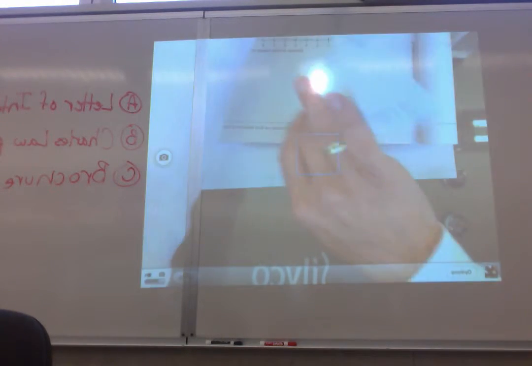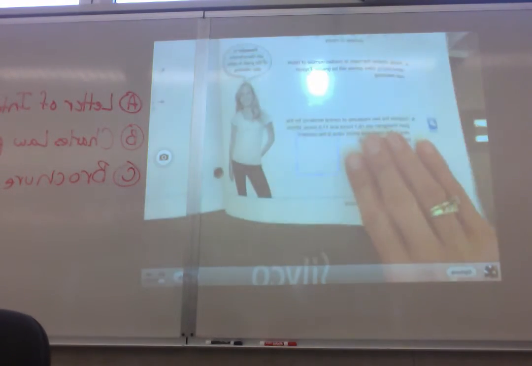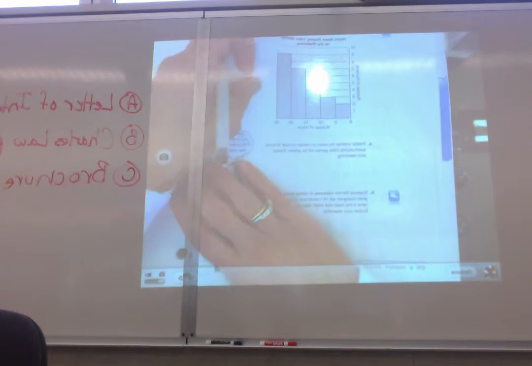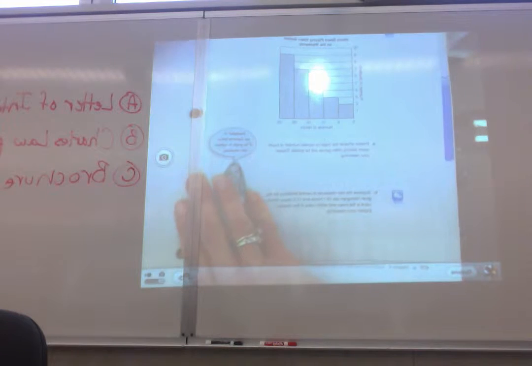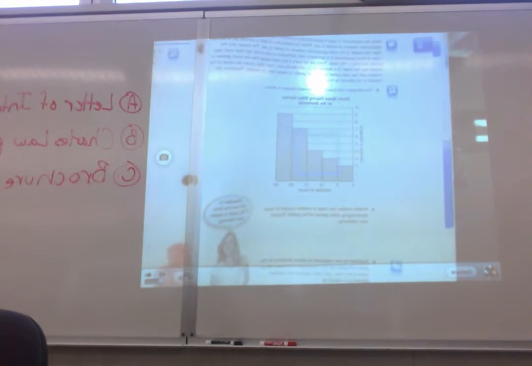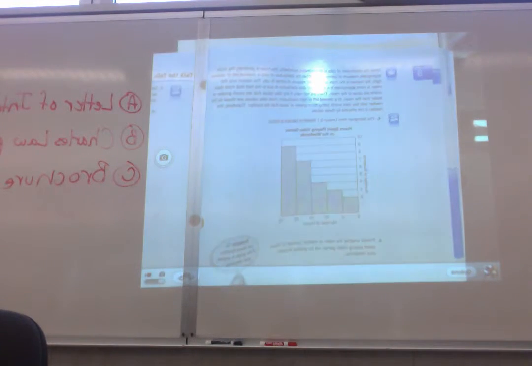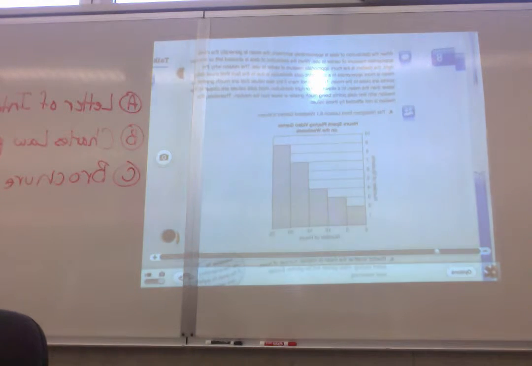Here, flip the page. Oh, good. We needed a histogram because we're not very good at these yet. Okay. Top of the page, something to read. Jerry.